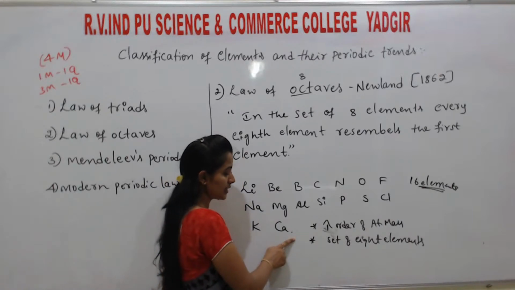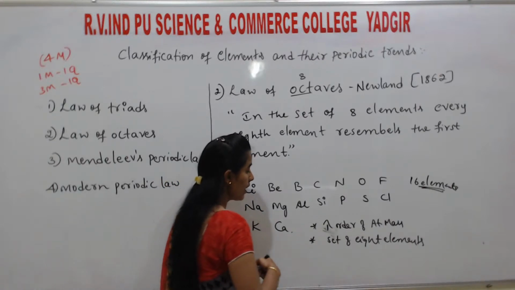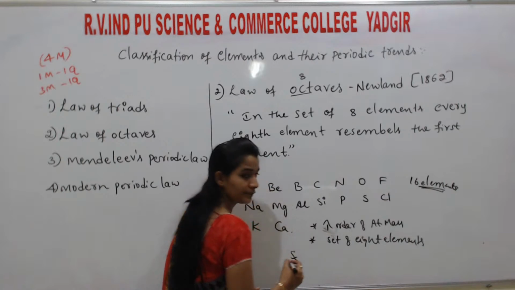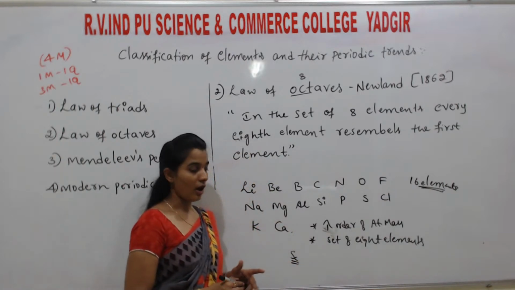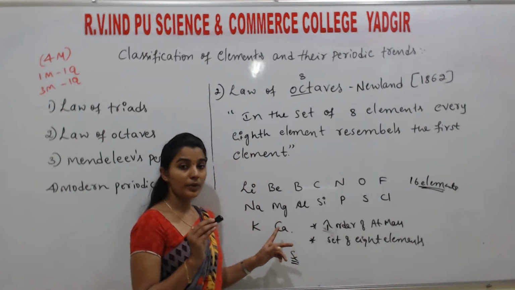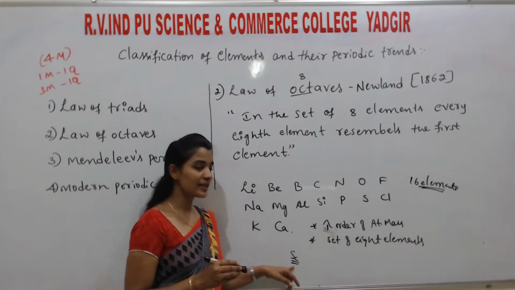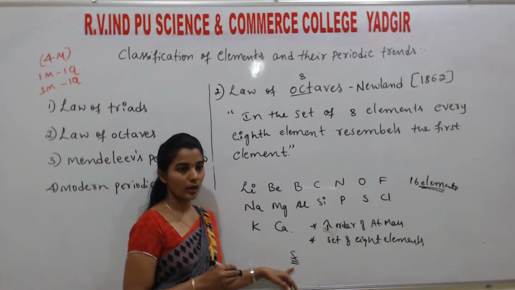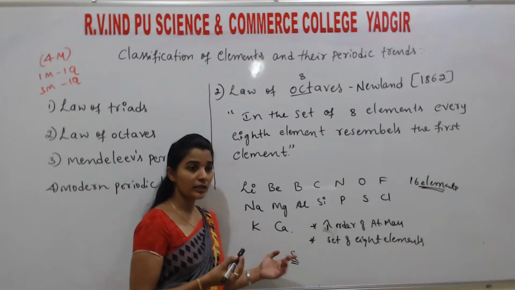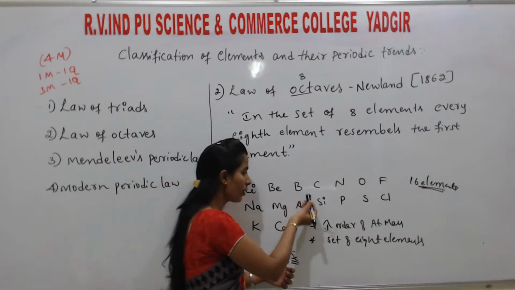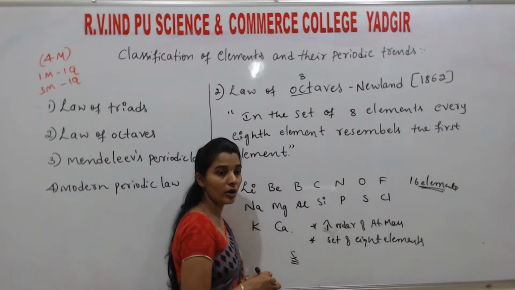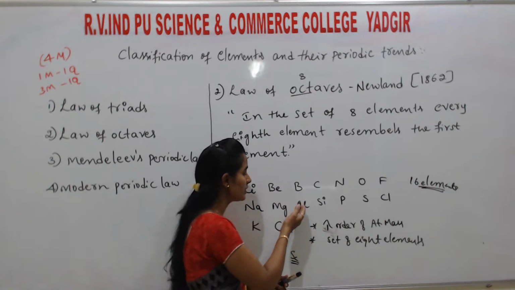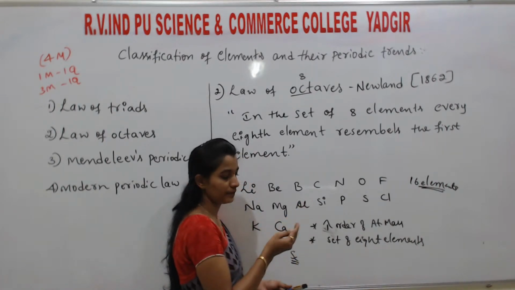So after calcium, students, in the periodic table nowadays, the next element is scandium, with atomic number 21. Okay, this scandium is a D block element. Here this boron, aluminium are all P block elements. There are no same chemical properties between D and P block.